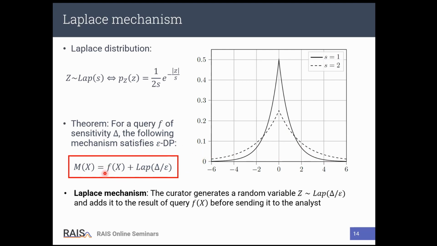So basically, if instead of asking the query about dataset X, we ask the query about X prime, which differs in one row, we can get a difference in our response which is at most delta. And it makes sense that the noise we have to apply depends on this value delta, because the larger the possible difference in this query, the more we have to compensate for this difference with noise.